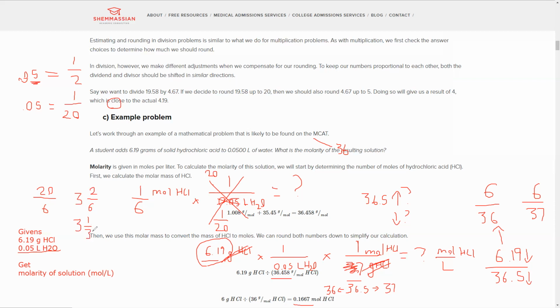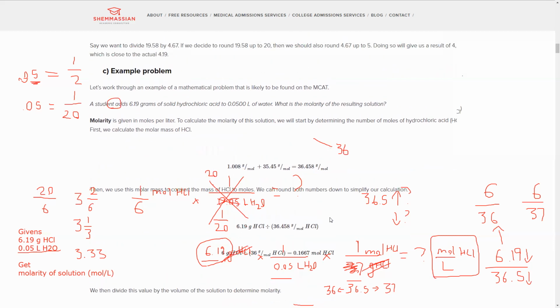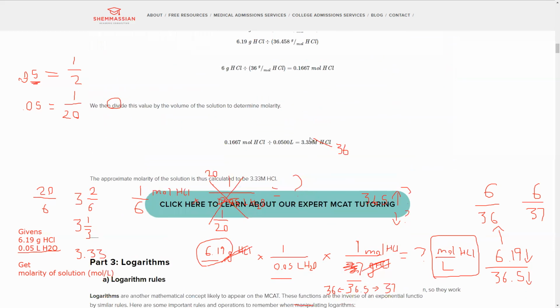What is 1/3 as a decimal? 3.33. 3.33 what? 3.33 moles of HCl per liter. Remember, we already set up our final unit, right? So we already know that what we've solved for has to be correct. And so that brings us to the final answer of 3.33 molarity, HCl, moles per liter.